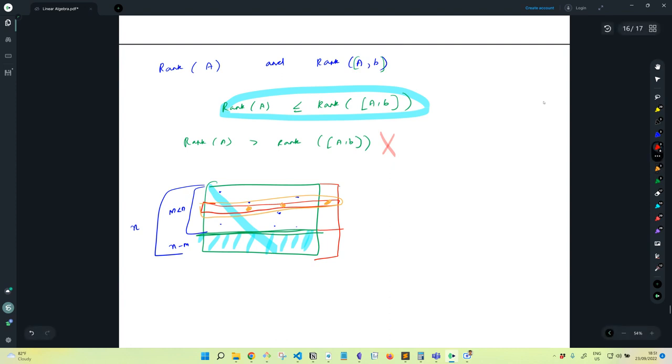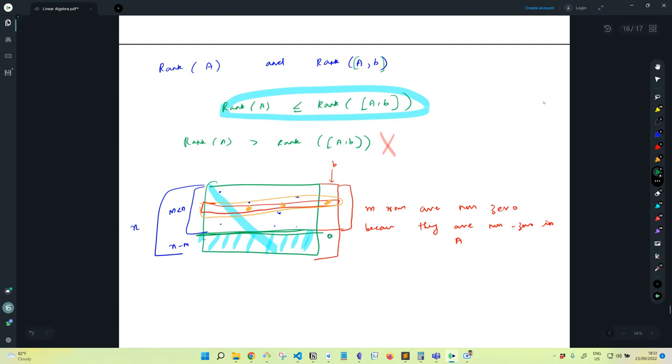Yes, sir. So that is why, in A comma B also, since you're just appending B as a column, the first m rows are going to be non-zero, because they are anyway non-zero in A. Now let us see what will happen to the remaining n minus m rows.